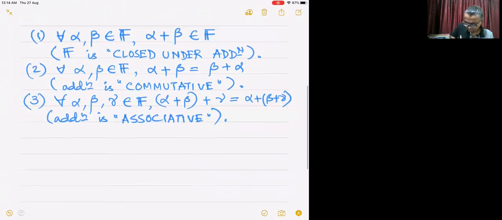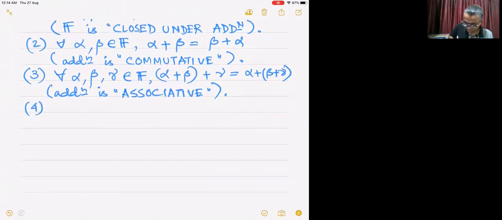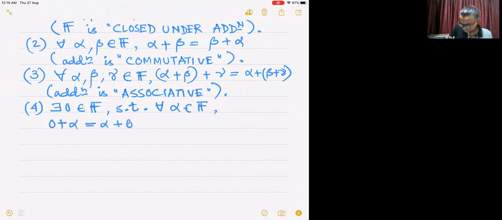Okay. Then number 4, there exists an element called 0 in F such that for all alpha in F, 0 plus alpha is equal to alpha plus 0 is equal to alpha.